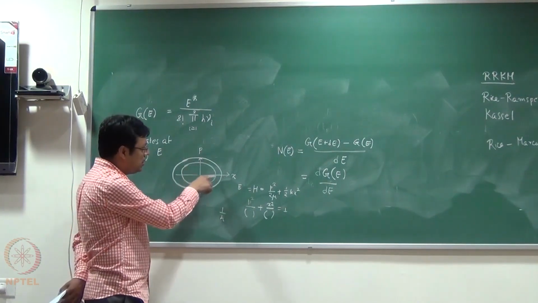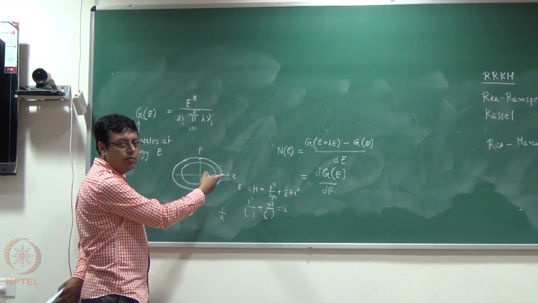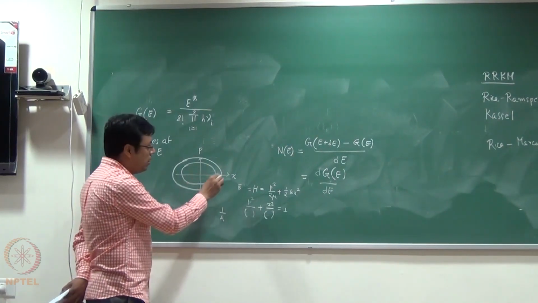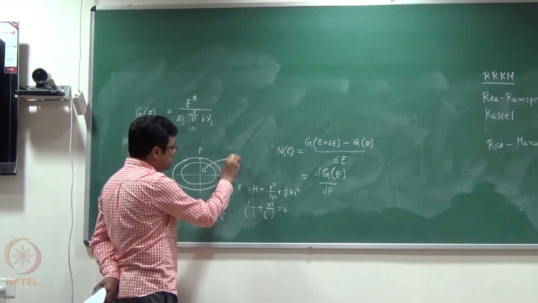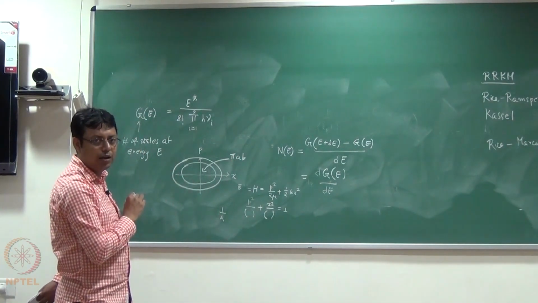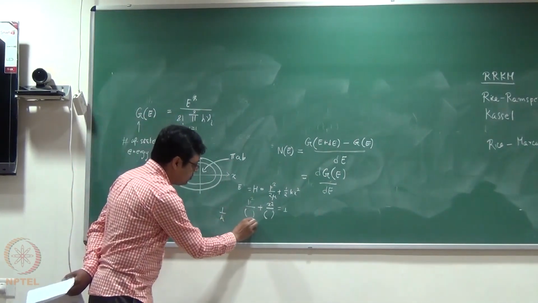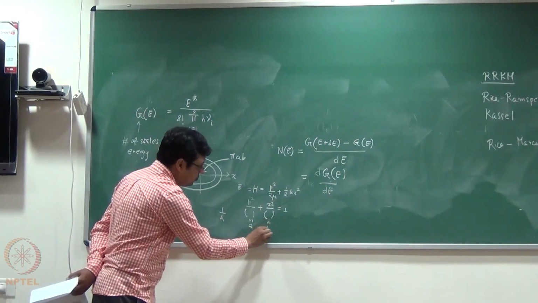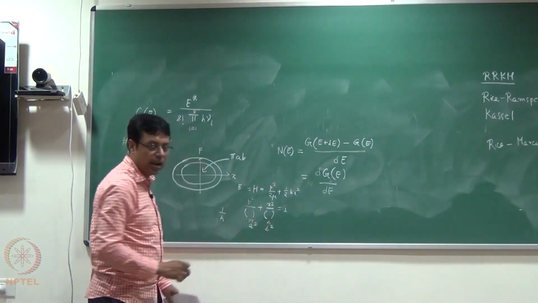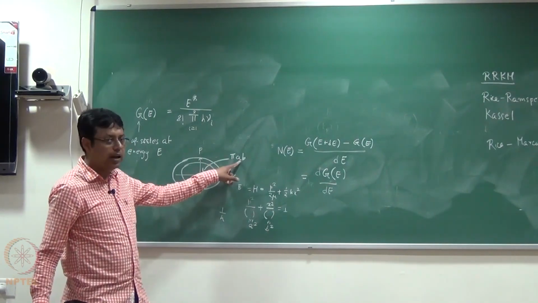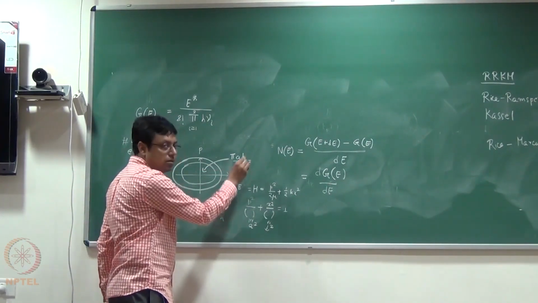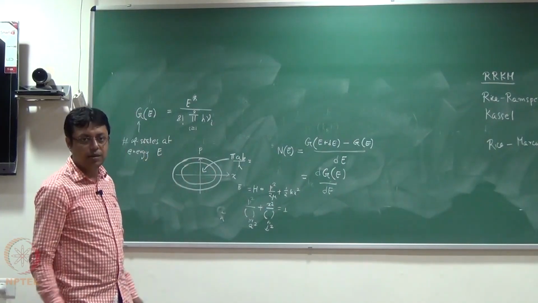Got it? So the number of states you can easily calculate. You can easily calculate the phase space volume, because you know A and you know B, and the area of the ellipse is nothing but pi AB. Clear? So if I write this equation like this, this will be the area, and this divided by h will give me the number of states for a one-dimensional ellipse.